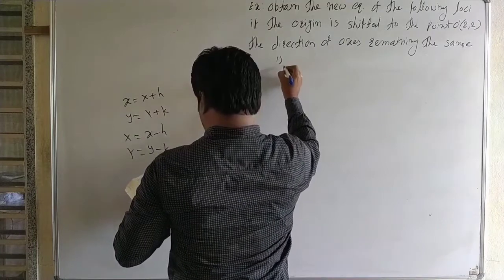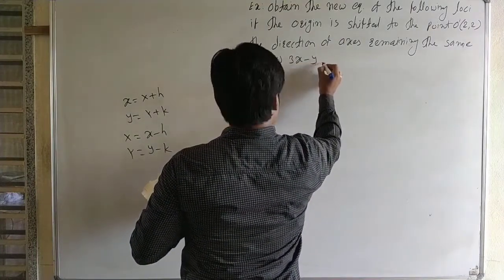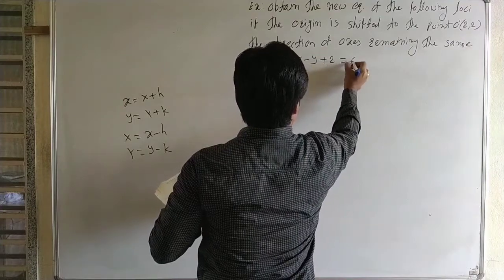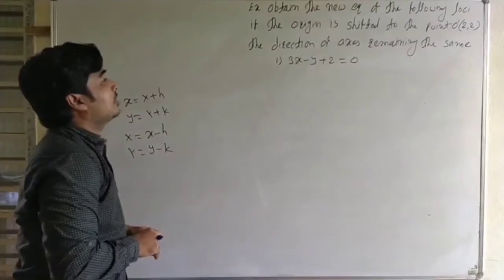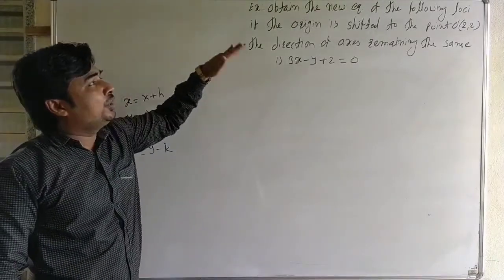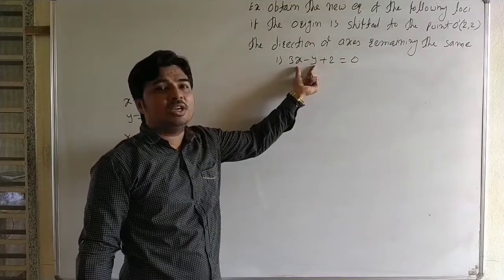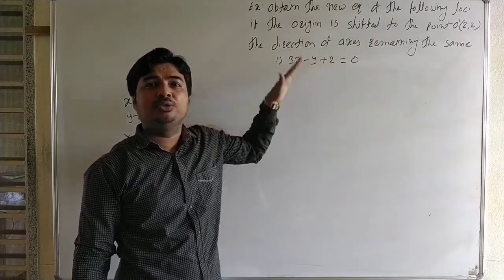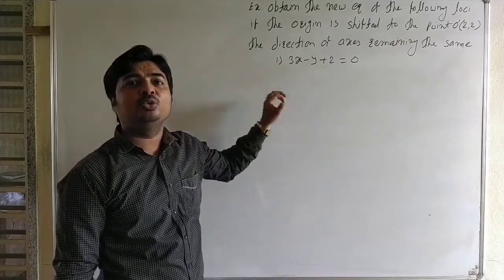Here, first example: 3x minus y plus 2 is equal to 0. Here we find the new equation. This equation is in the small x and y. We want to find the new equation, that is in the capital X and capital Y, the new coordinates.